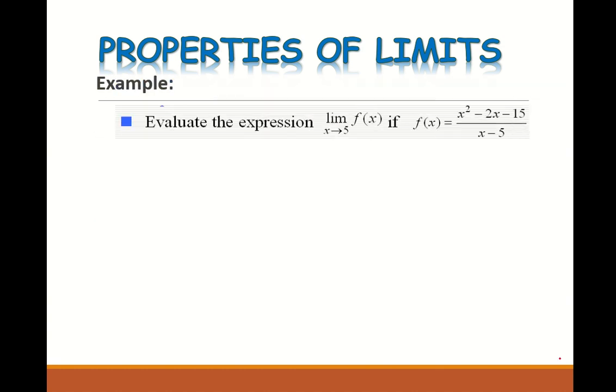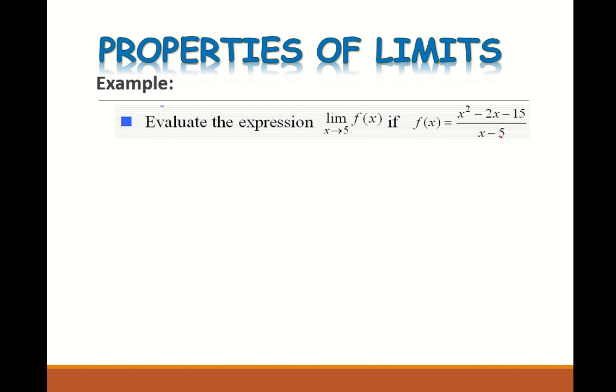So for example, if you're given this limit of a function, we are asked to evaluate this expression, the limit of f of x as x approaches 5, if f of x is given as a rational function, x squared minus 2x minus 15 divided by x minus 5.